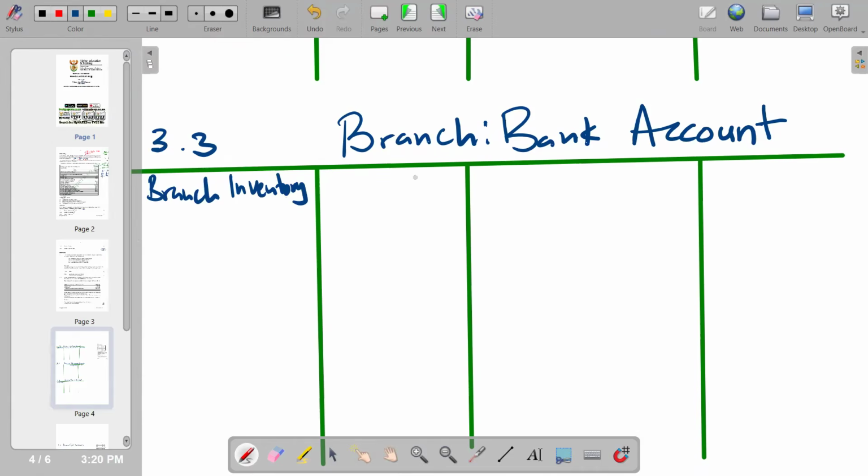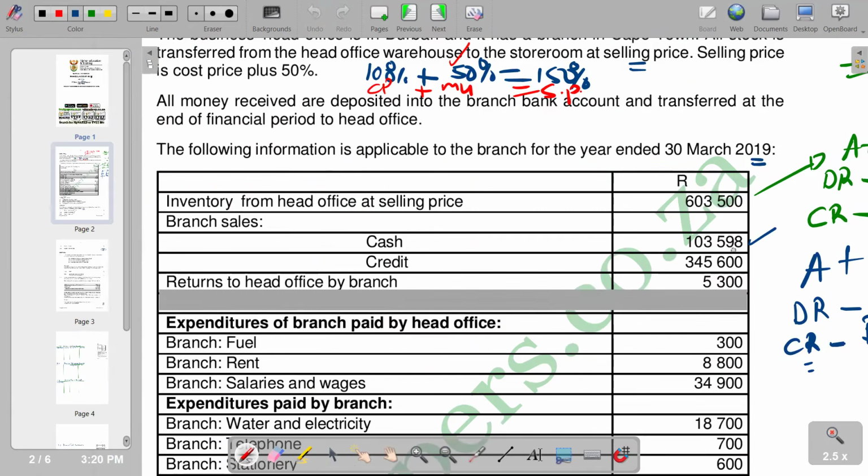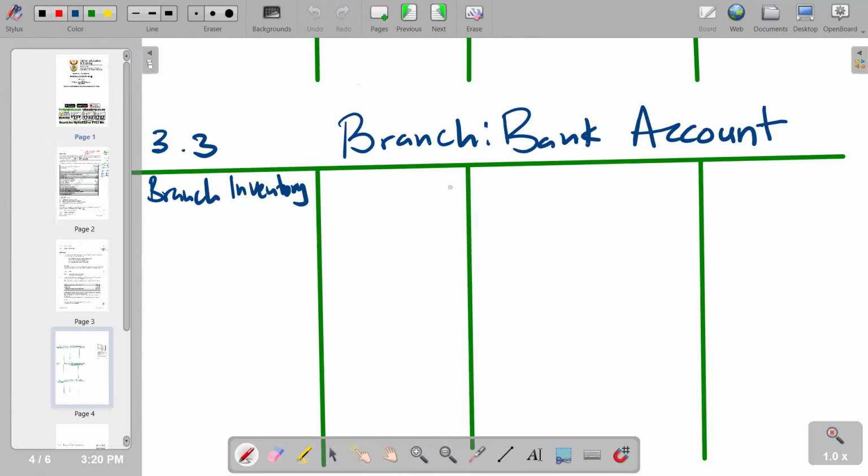We see that the amount for branch inventory, remember we are going to use the same amount, which is 103,598. So we are done with that one.